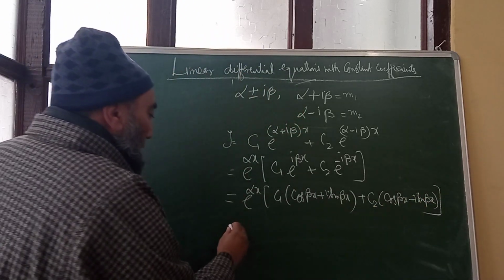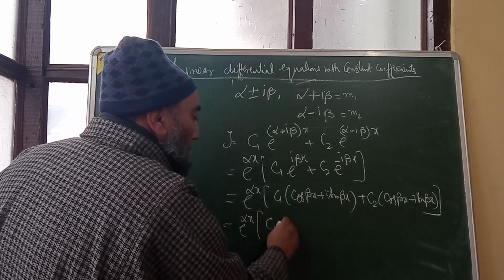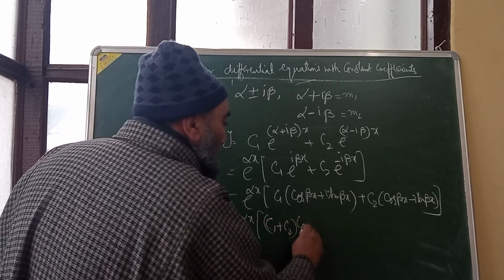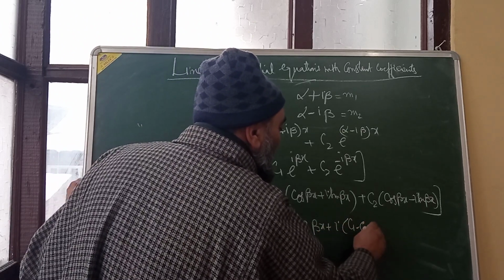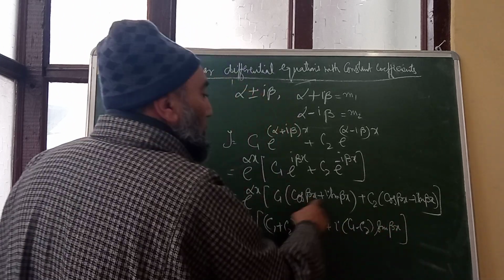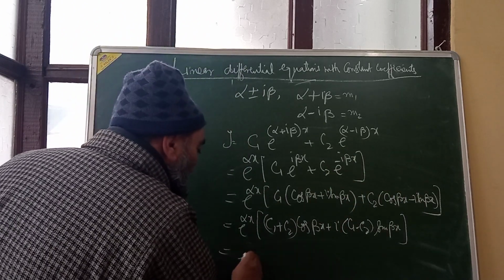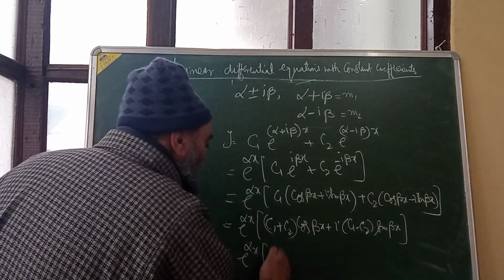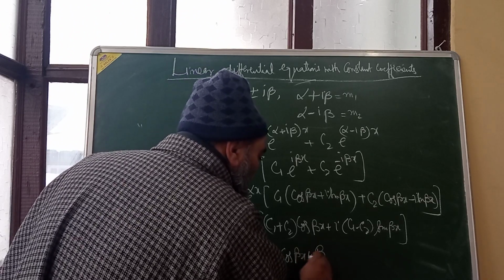Fine? Or this is e raised to the power alpha x, (c1 plus c2) cos beta x plus i times (c1 minus c2) sin beta x. I have taken cos separate and sin separate. So this is e to the power alpha x, a constant times cos, a constant times sin.